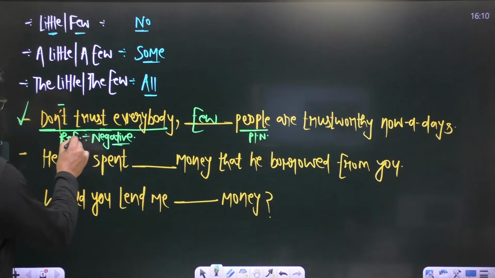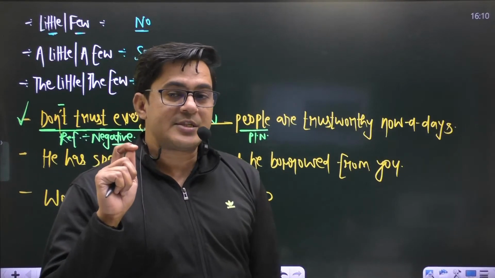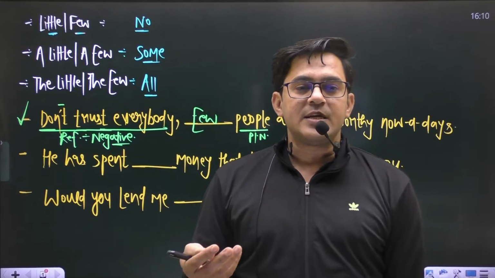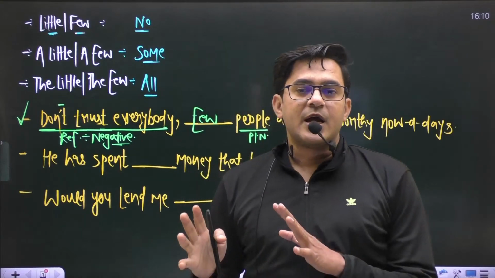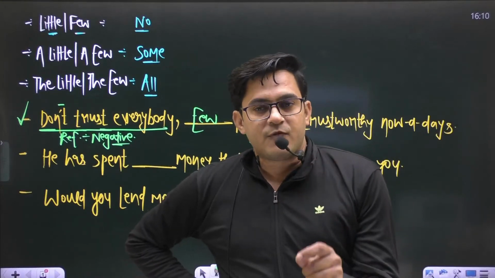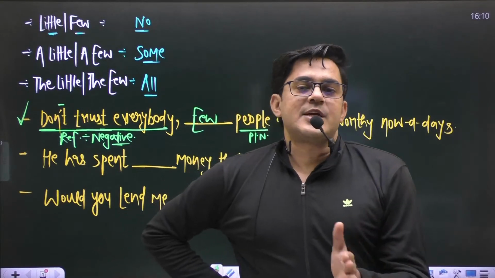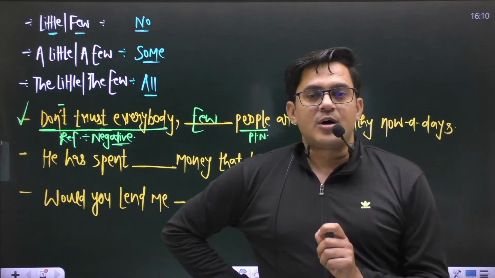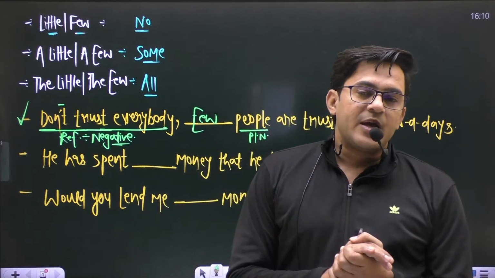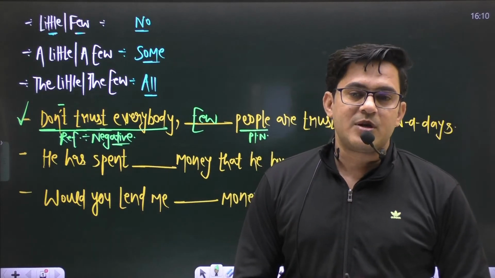Make sure that in your exam you won't find even a single sentence in which there is no reference, no key or identity. In English every sentence has a reference, an identity, a clue. Without a reference no sentence is possible.